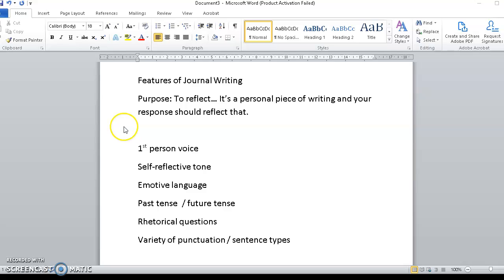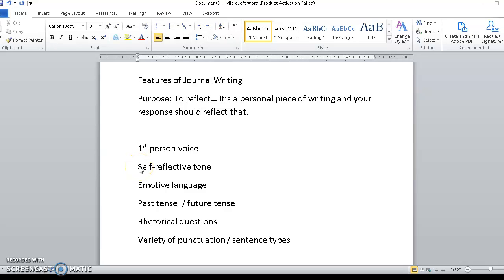Okay, so the features of journal writing before we start looking at the paper. The purpose is to reflect. It's a personal piece of writing, and what you write down should reflect that. Some things I would expect from my students' work if I were marking them. Of course, that first person voice is going to come through because it's a personal piece of writing, as I've just said.